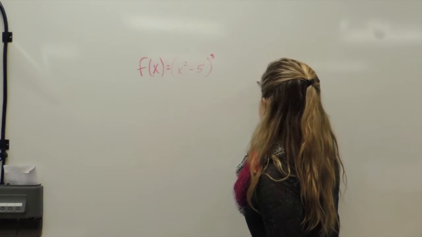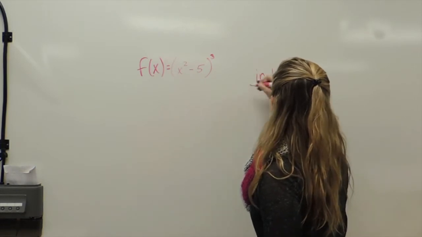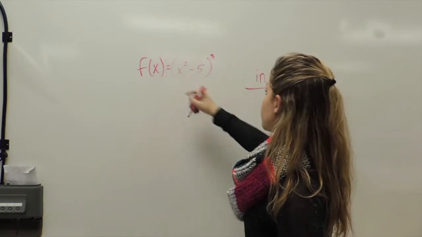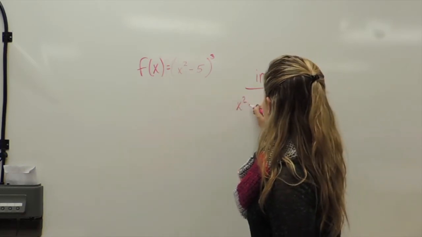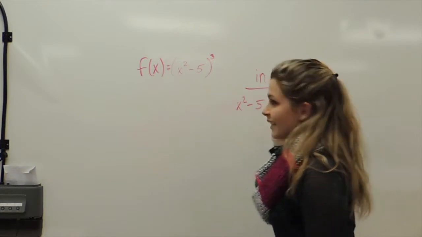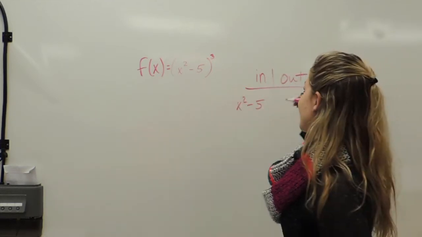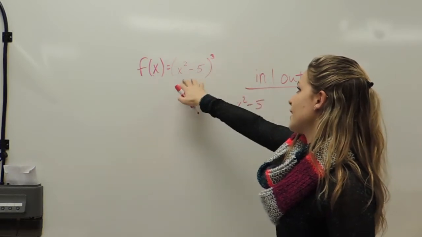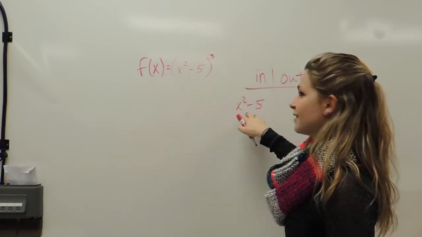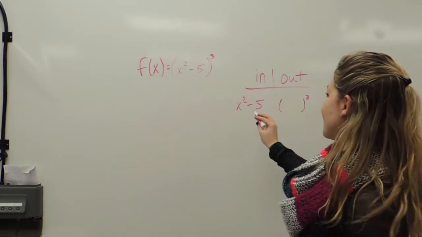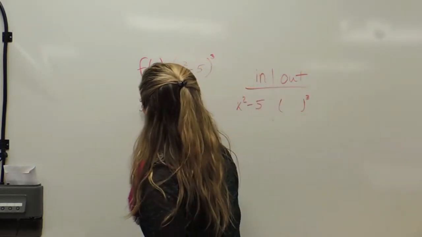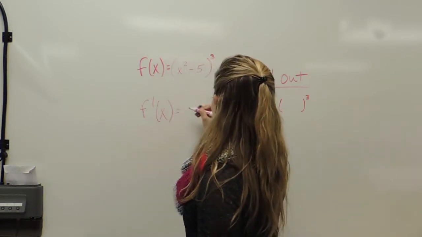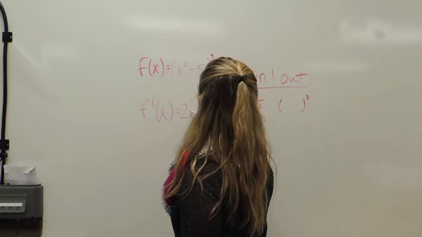So you make a little chart, the inner function and the outer function. You can see the inside function is x squared minus 5. In the outside function, you're just going to focus on the x raised to the third. So first, you want to take the derivative of the inside. Use the power rule, so you're left with 2x.